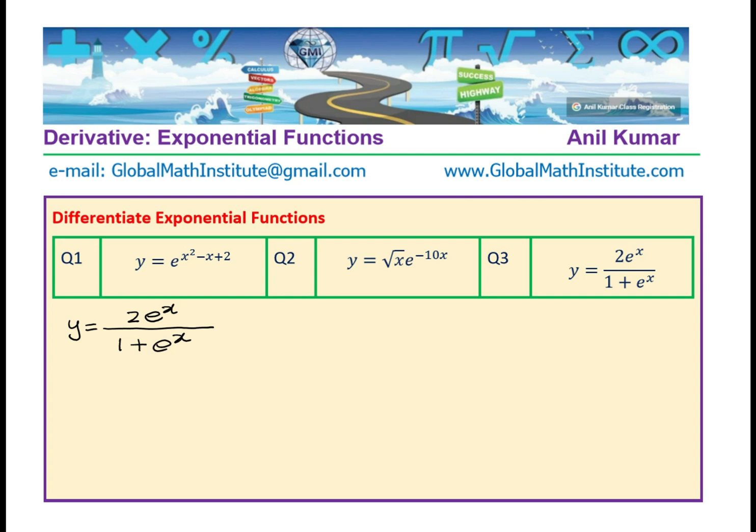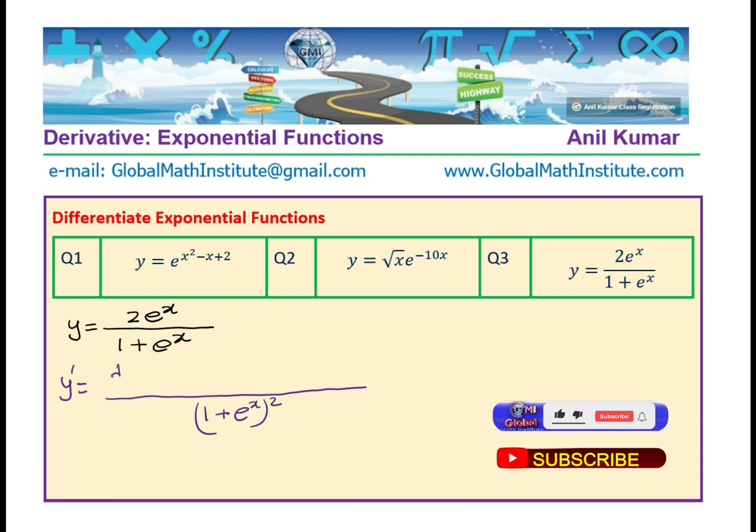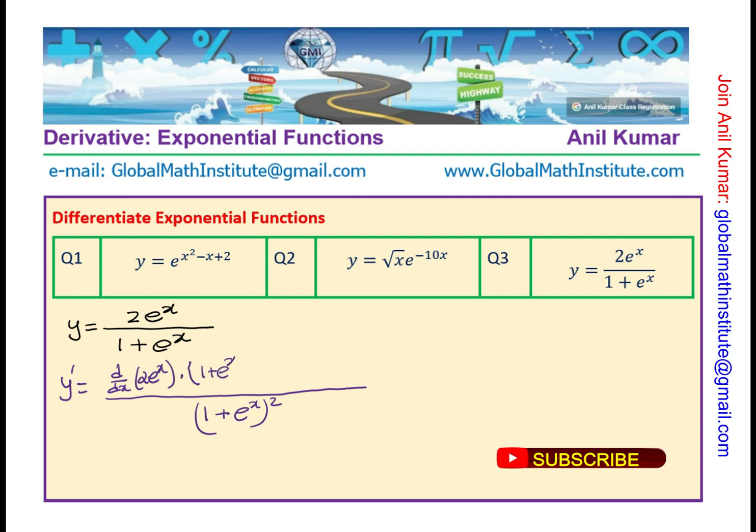So we get the derivative as: in the denominator we get the square of 1 plus e to the power of x. In the numerator, the derivative of the first function times the denominator, which is 1 plus e to the power of x, minus the first function times the derivative of the denominator.